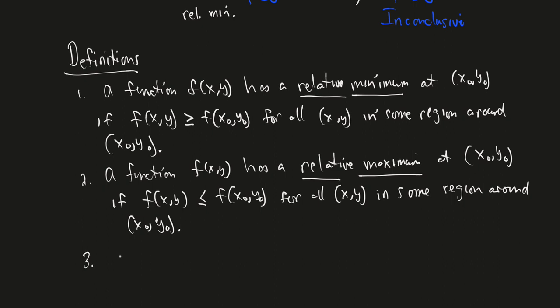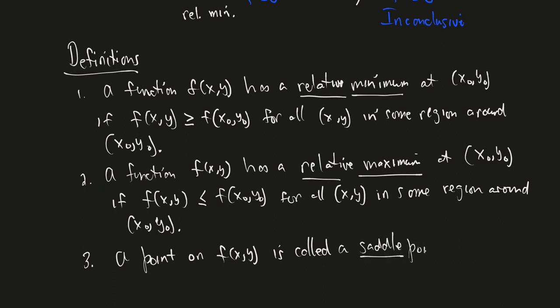So a point on our surface f of x, y is called a saddle point. And what happens at these saddle points?